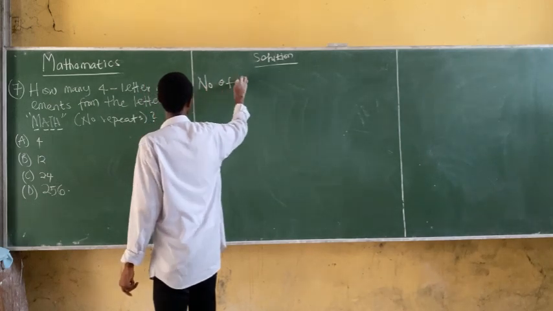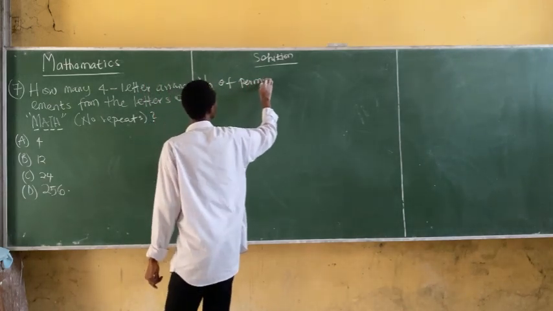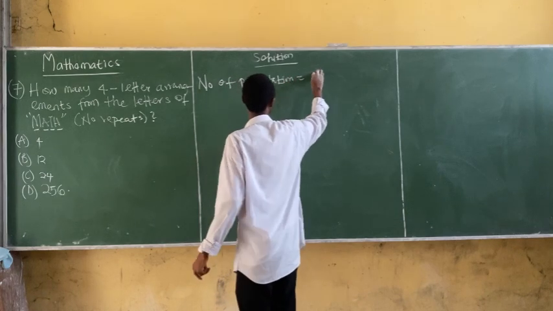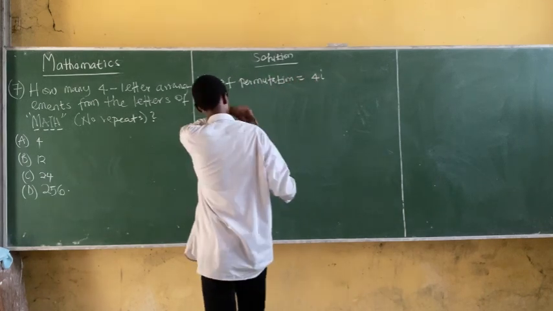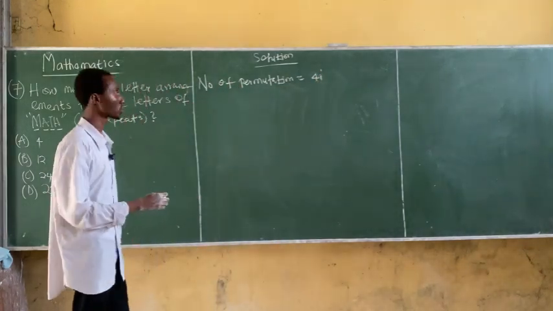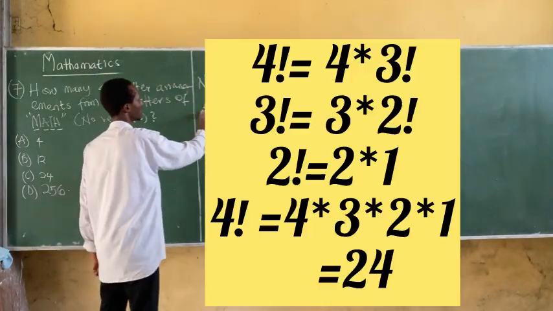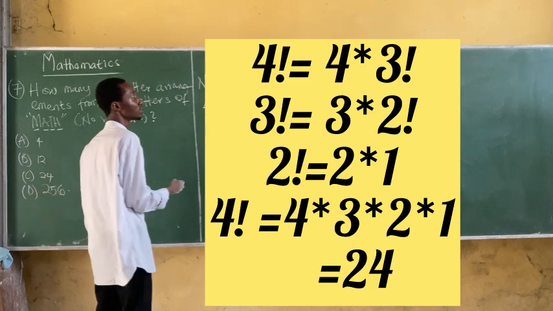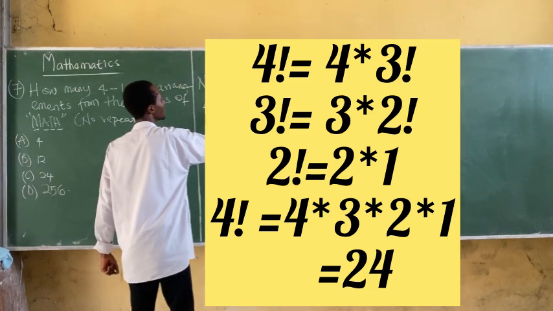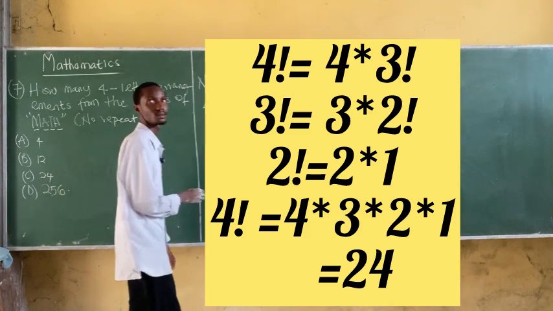Number of permutations is equal to 4 factorial. 4 factorial is the same thing as 4 times 3 factorial.